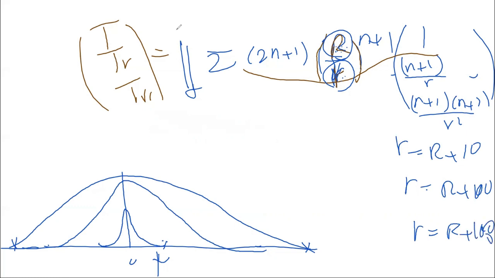In the second case, I consider this one, n plus 1. So what I have here is n plus 2 and n plus 1. But 2n plus 1 was common with all of these kernels, so I will ignore it. I just consider 1 over n plus 1 multiplied by r over R.